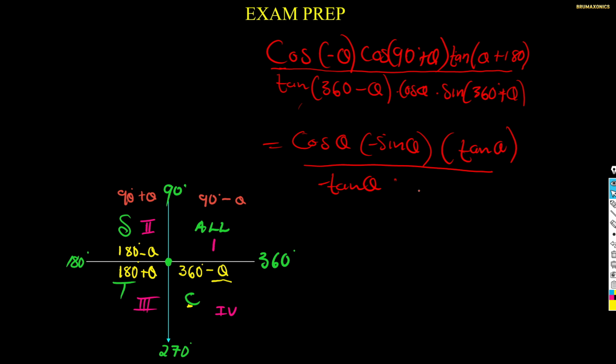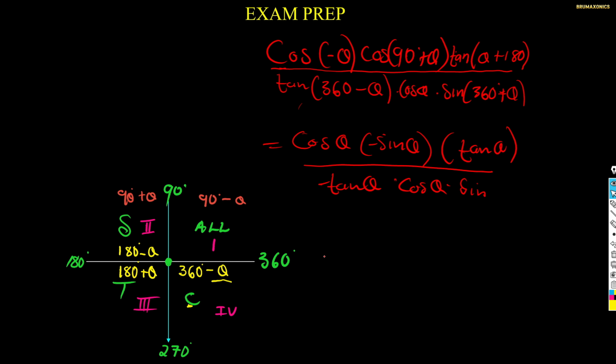And then after that, we now know that we are dealing with cos theta, so we can just leave it as cos theta, and then the sine of 360 plus will give us sine theta, as it is.